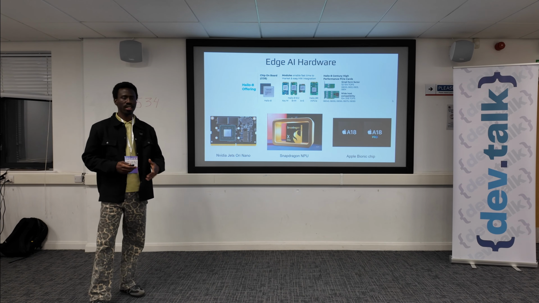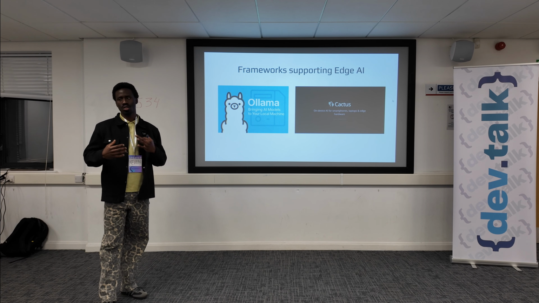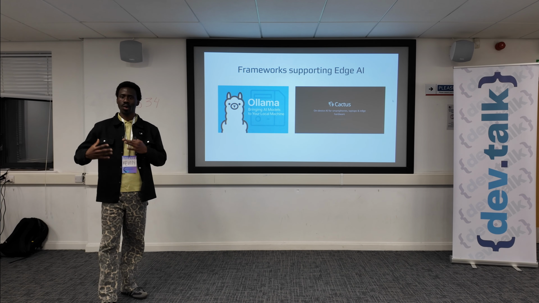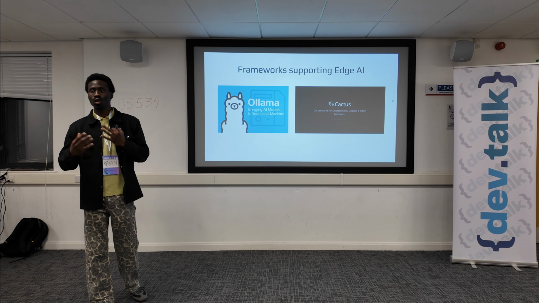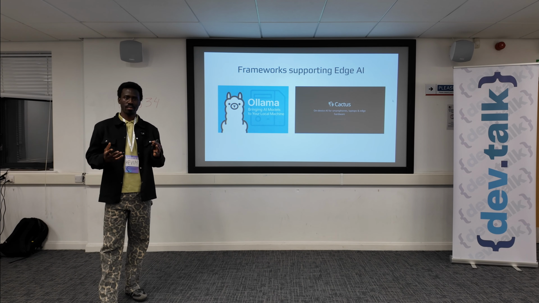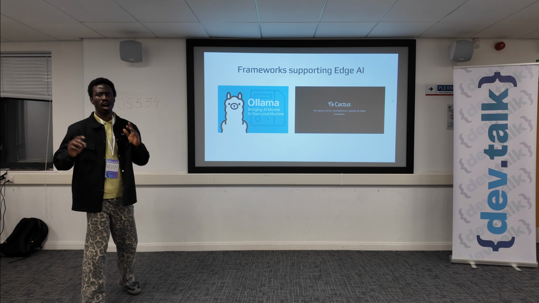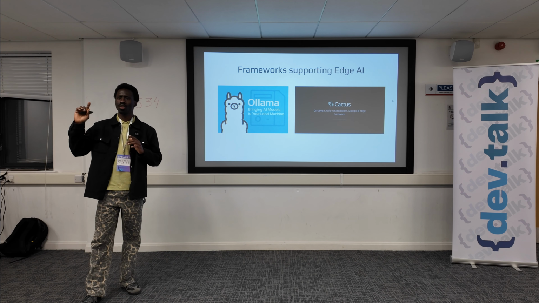Now, we've talked about the hardware, but aside from the improvements in the hardware, we also have the software growing, frameworks that can support local agentic systems. How many of you know about Ollama? OK, perfect.